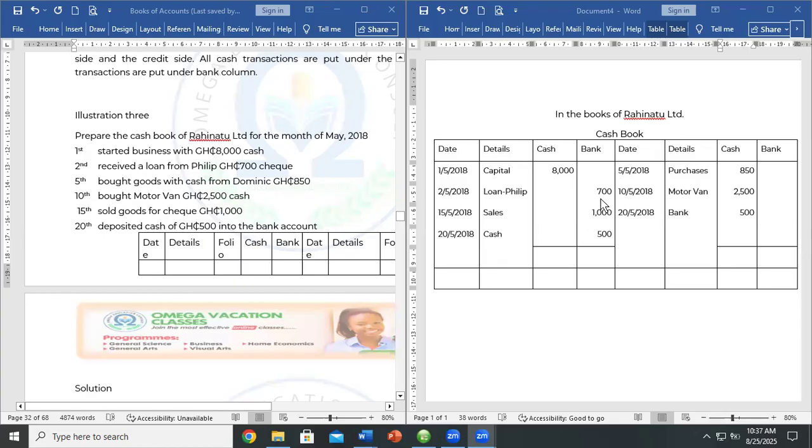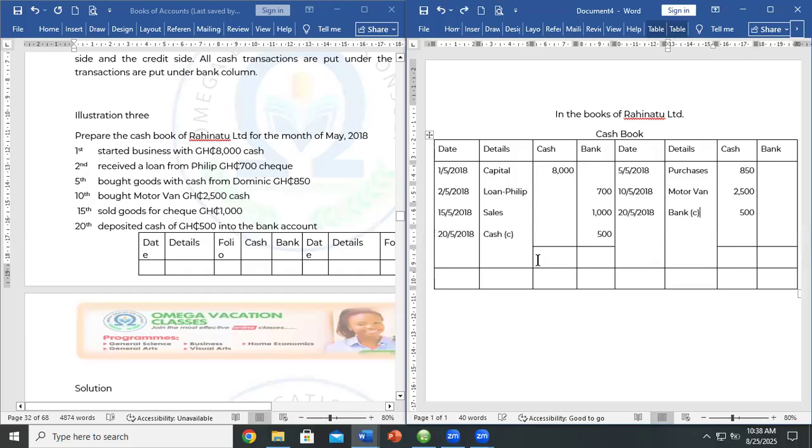To show that it's a contra entry, this is how we demonstrate that. In the detail column, you show a C in a parenthesis, or a bracket like this. You do the same for the cash and the bank under the details.